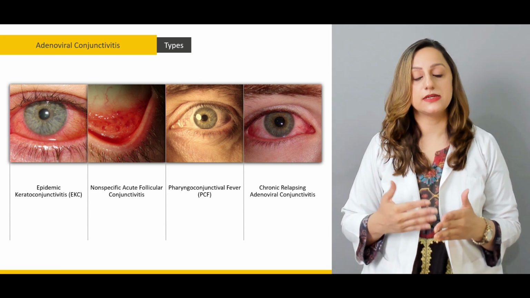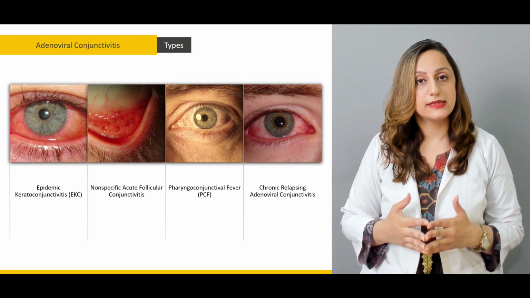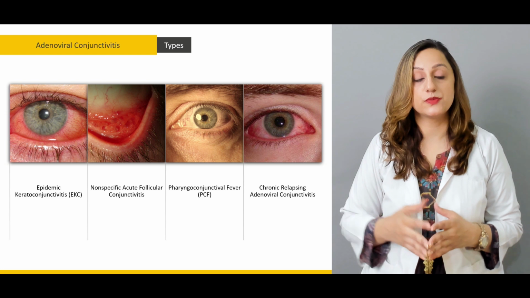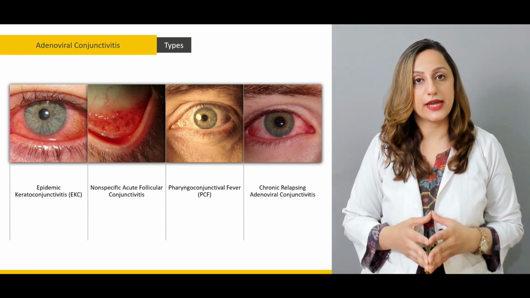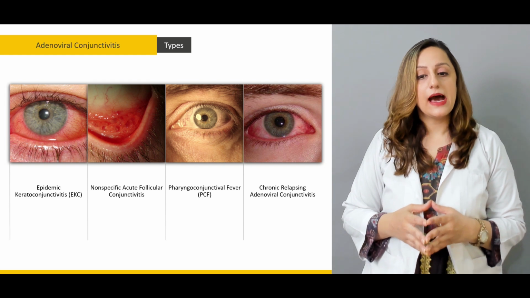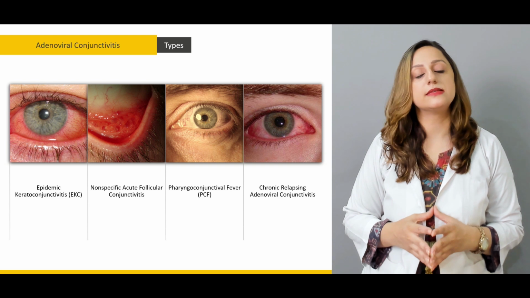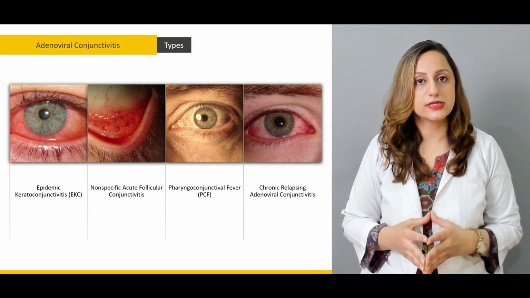Sometimes it is due to a dormant infection prevailing in one of the eyes that is responsible for the relapses and recurrences of this clinical picture. Out of these varieties, epidemic keratoconjunctivitis is the most common that we usually come across.